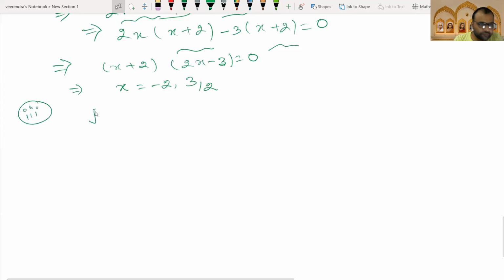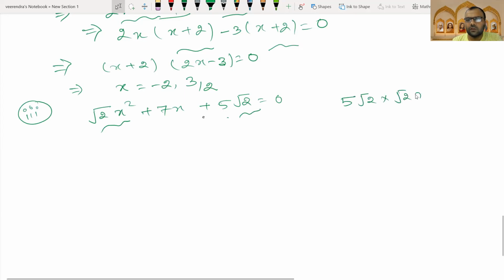Suppose we have root 2 x square plus 7x plus 5 root 2 equals 0. Here the multiplication of these two terms is 5 root 2 into root 2 x square, which is 10x square.